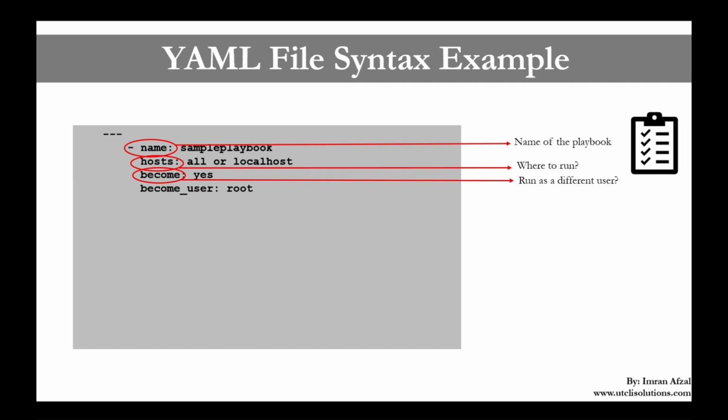If you take it out and then you run this playbook as root, then it will run as root. But if you run it as a regular user, then it will run as a regular user. This is only defined when you are running as a regular user and you want it to run as root, or vice versa. All right, next thing you notice here is an empty line, and we are starting our tasks after the empty line.